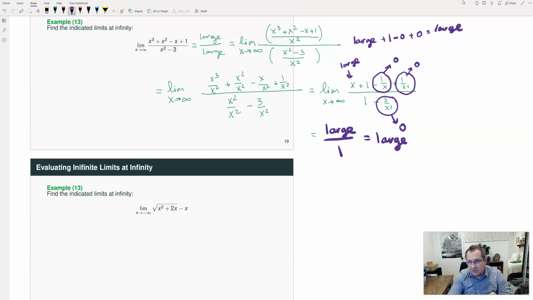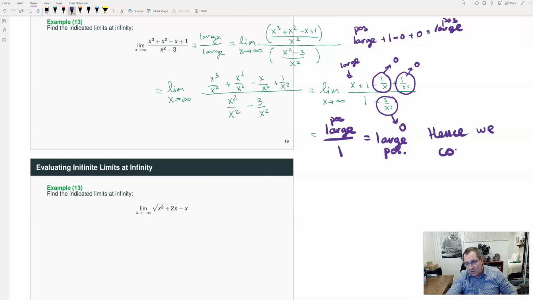It is important that the signs are clear. So you can have a large positive number or a large negative number, and that's a big difference. But here, if we look carefully, we'll see that it's large positive, and adding 1 and subtracting 0 will keep it large positive. So we have a large positive number divided by 1, overall a large positive number.